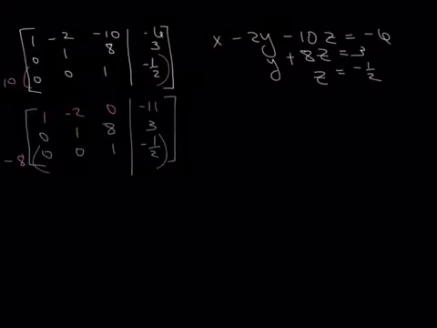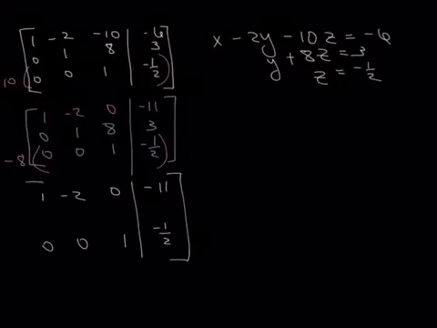So again, my third row doesn't change, and my first row doesn't change. Okay, and my third row doesn't change. So my second row will change. Okay, so -8 times 0 is 0 plus 0.